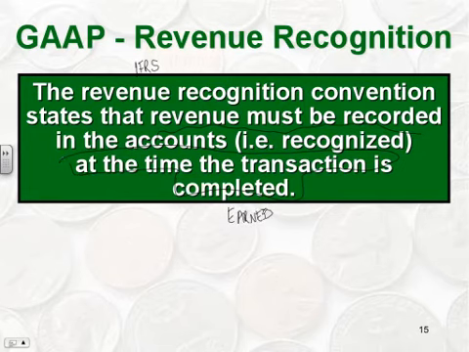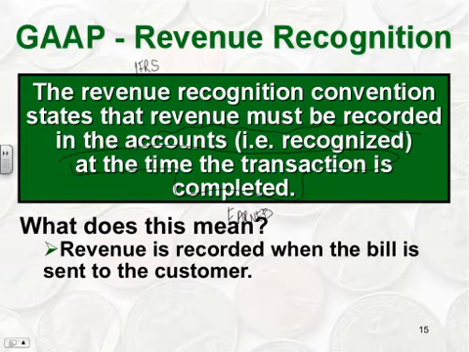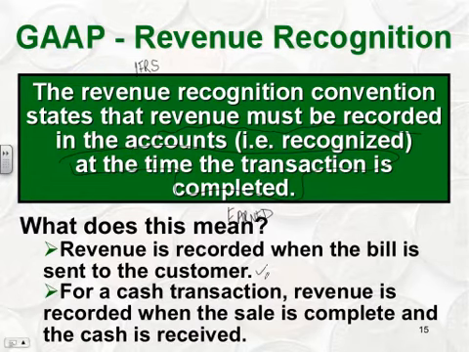Sometimes you provide a service and you earn revenue right that minute, but they don't pay you for 30 days. Well, you need to record that revenue right away when you've earned it. That means when you send the bill to the customer is usually when you've earned it. That's when you record the revenue. And for cash transactions, you just record the revenue when the sale is complete and cash is received. So it's right then and there.